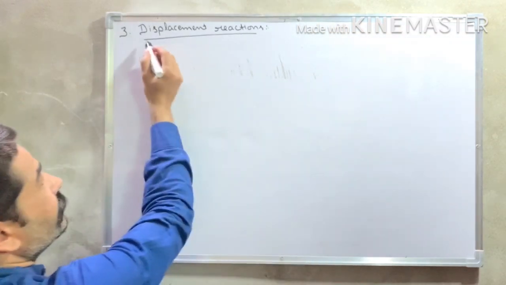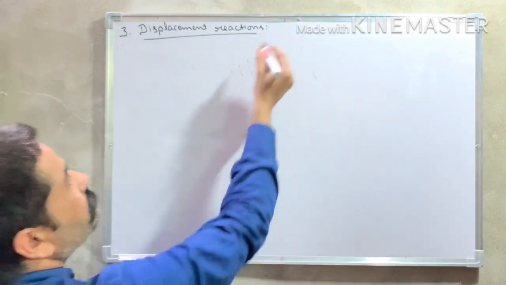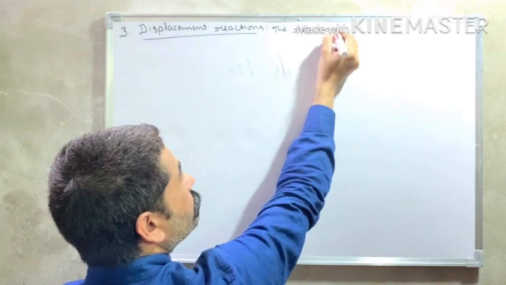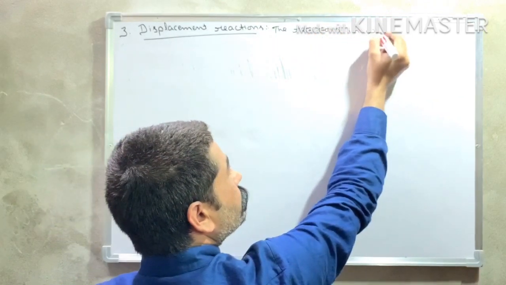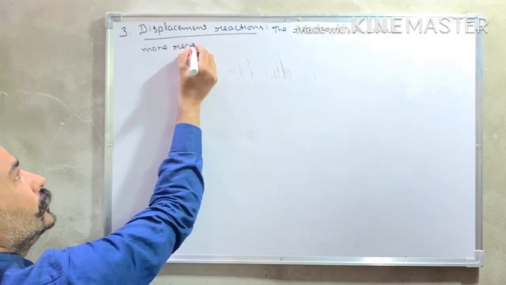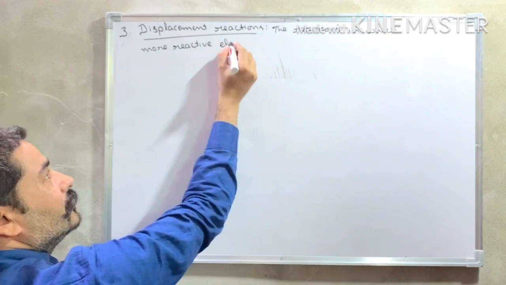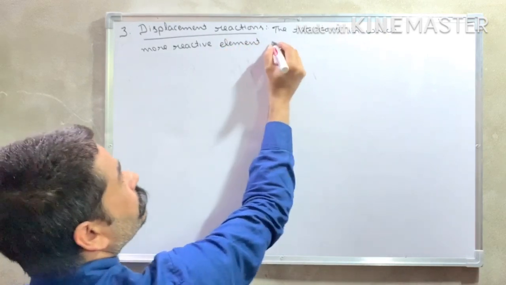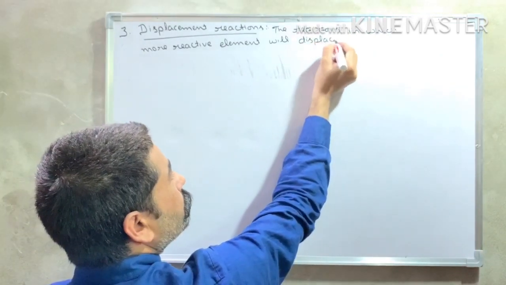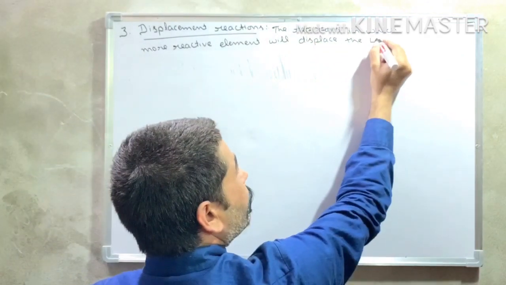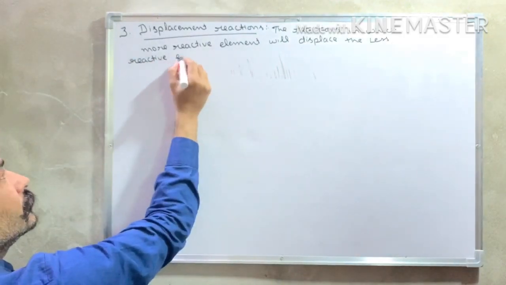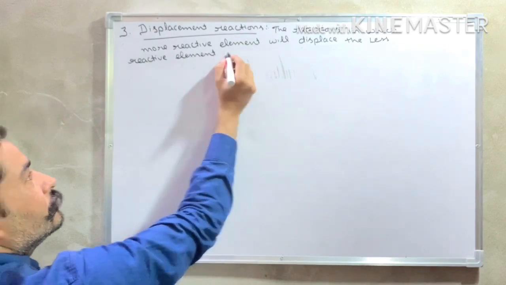So displacement reactions are the reactions in which a more active element will displace the less reactive element from its compound.